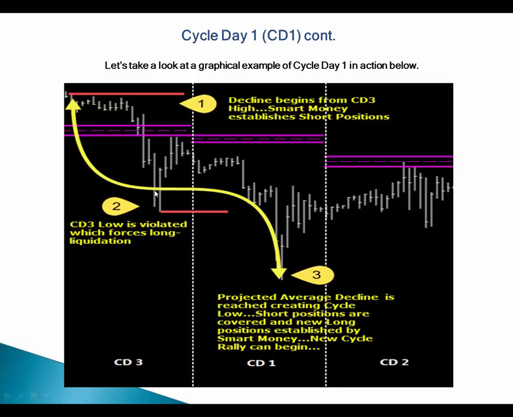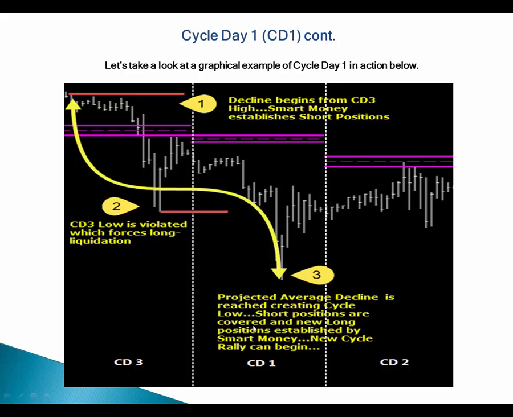The shorts that establish themselves on cycle day 3 are in the money, and they will continue to press, as they actually did today on cycle day 1, until they reach some average range level. There's usually a projected average decline from cycle day 3 down to cycle day 1, and again, this helps create a potential for a cycle low.